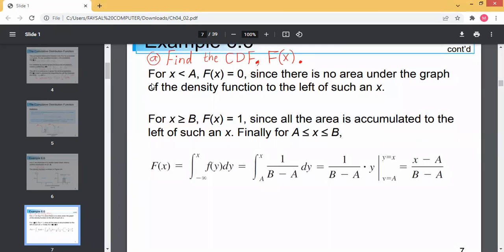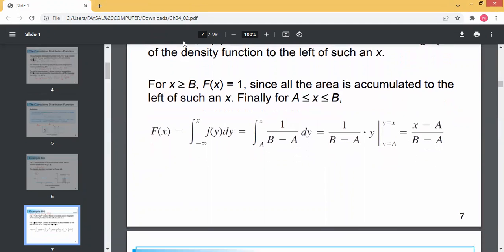So I have to take the integral. For this, the function F of x will be written as the integral of f of y dy. What is f of y dy? It means the function of y, and it must have two limits: the upper point x, and negative infinity.